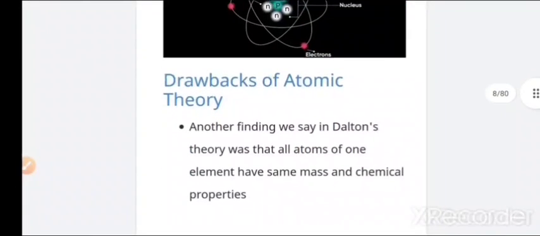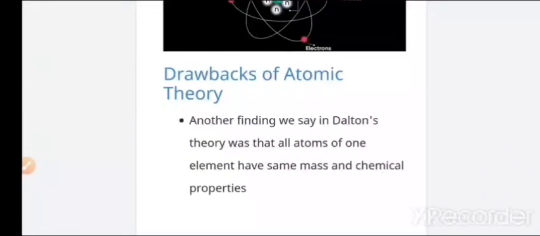Another drawback is, another finding we see in Dalton's theory was that all atoms of one element have the same mass and chemical property. That means in an element, the atoms of the same element have the same mass number and chemical property. Okay, but this is also proven wrong.